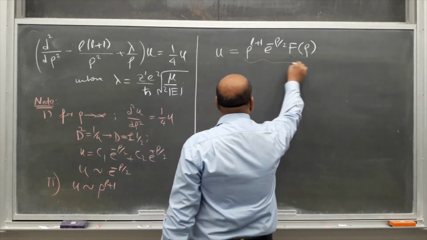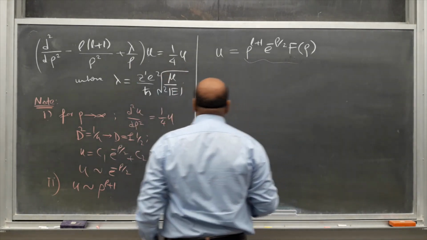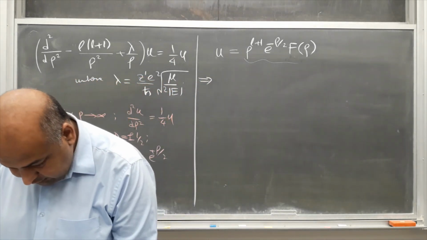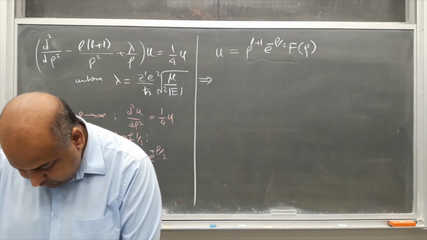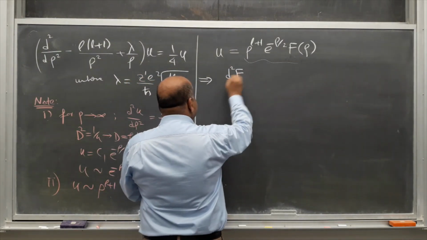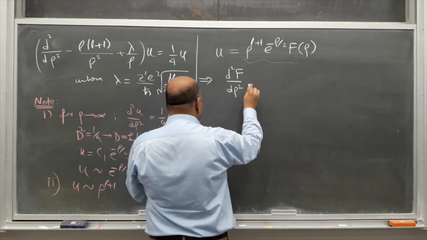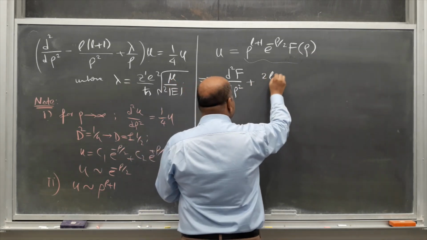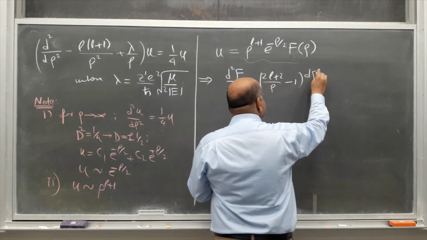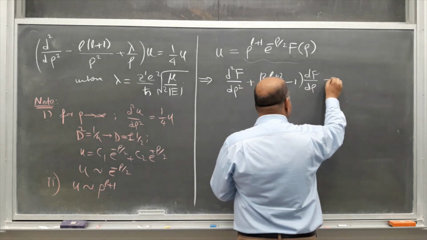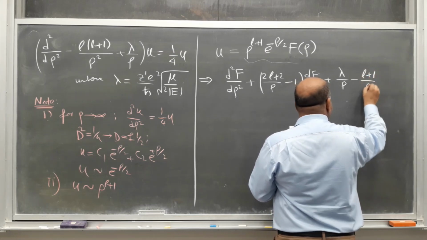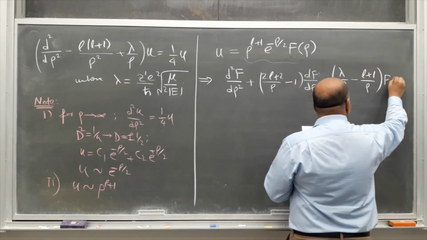But let's substitute this guess solution into this equation, and we can easily show that after substitution and cancellation of various terms, we are left with an equation like this: d squared f by d rho squared plus 2l plus 2 rho minus 1 df by d rho plus lambda by rho minus l plus 1 over rho f is equal to 0.